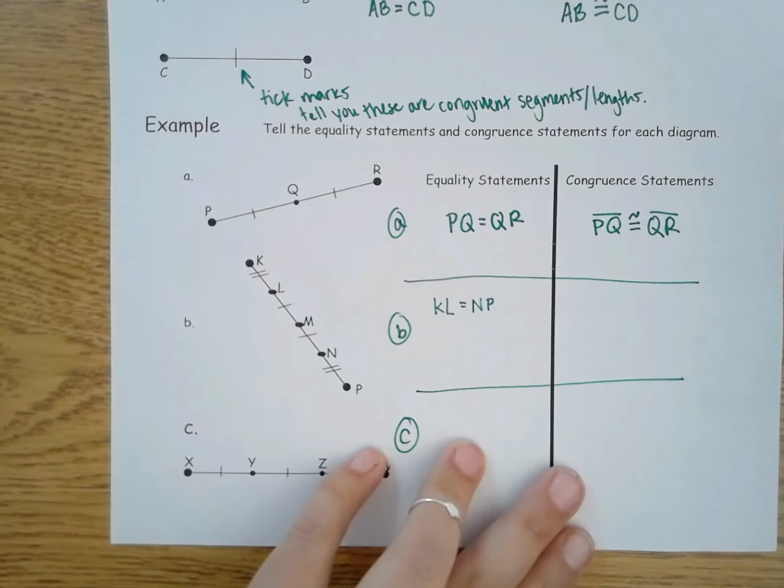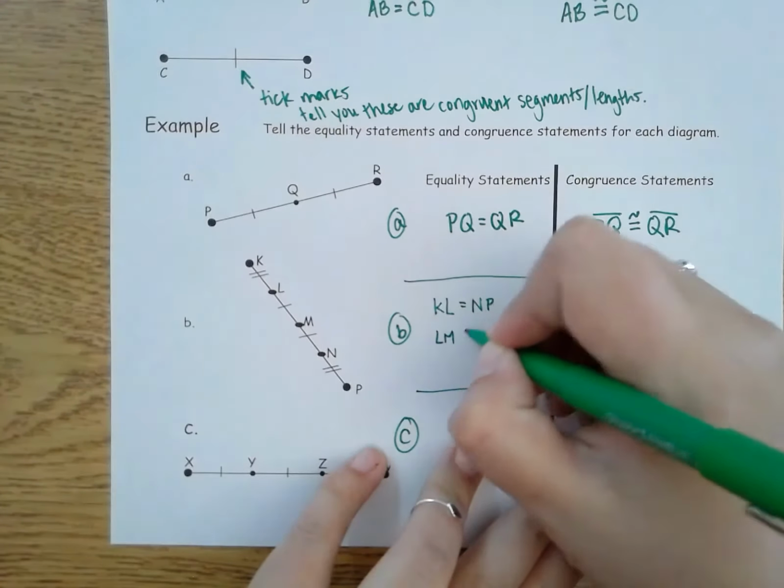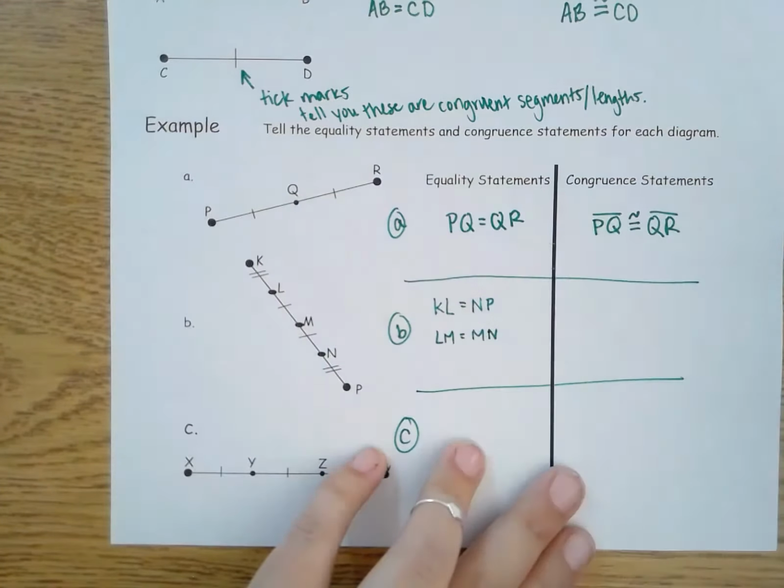Then LM is equal to NN. Okay. Anything else? There's a couple more. Actually, there's two more sets.